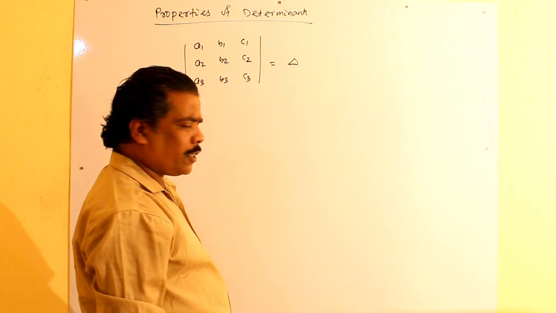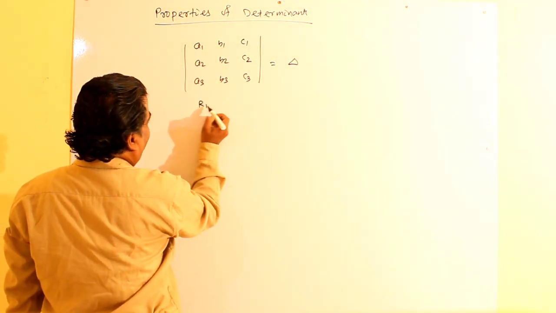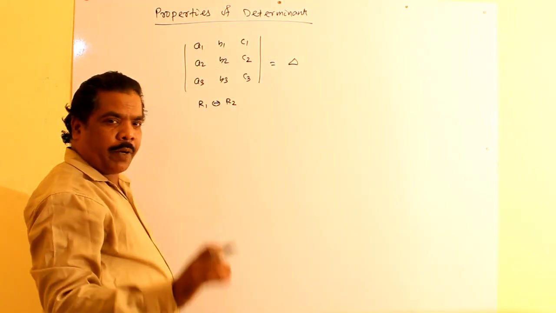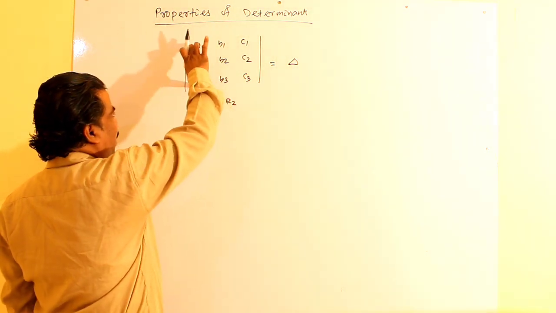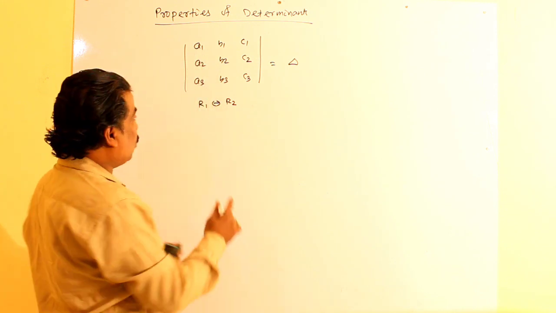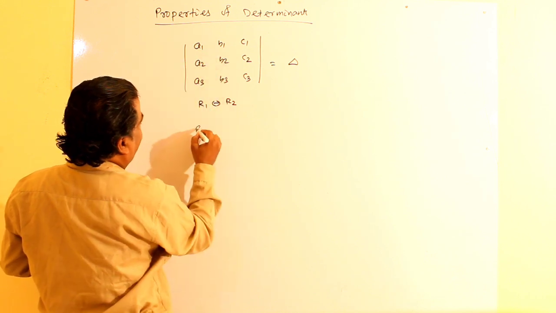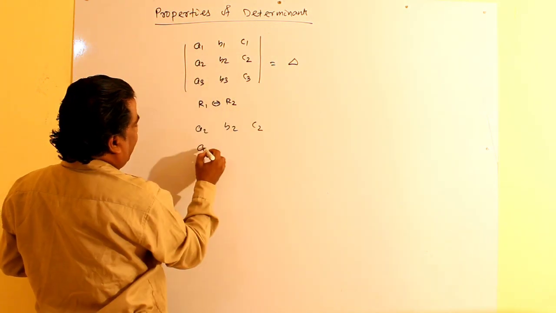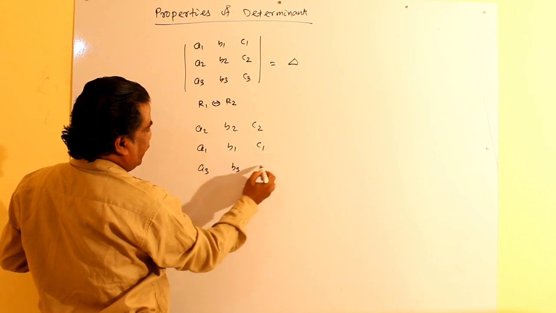If any two adjacent rows are interchanged, suppose we change row 1 to row 2 and row 2 to row 1. If we change any two rows, row 1 and row 2, or row 1 and row 3, row 2 and row 3, that is, in place of row 1 we write A2, B2, C2 and in row 2 we write A1, B1, C1, row 3, A3, B3, C3.